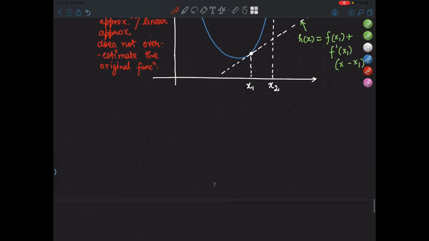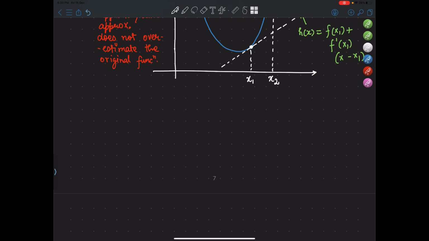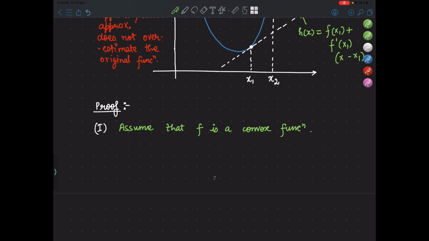Now let's try to prove the theorem. Because it's an if and only if condition, we'll have to derive it in two parts. For the first part, let's assume that the function f is convex. What does that mean?